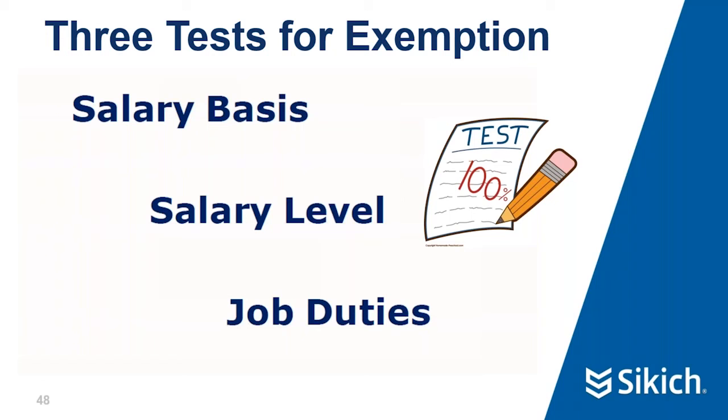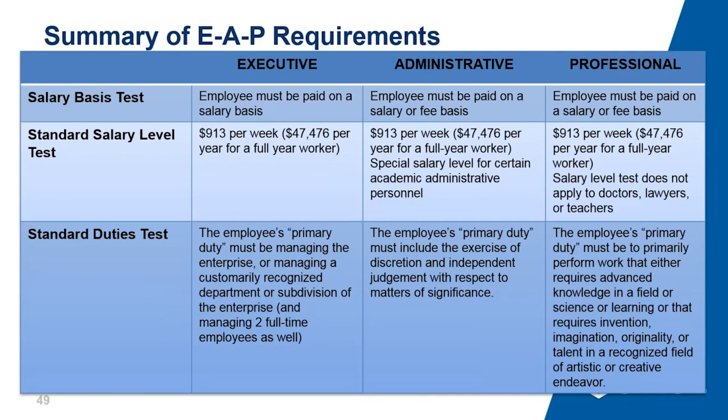So currently the employees are being paid $455 a week, and they're going up to the $913 a week. And that is your base salary. So understand that that is not enough to make them exempt. Regardless of what they're being paid, they must pass the job duties test.